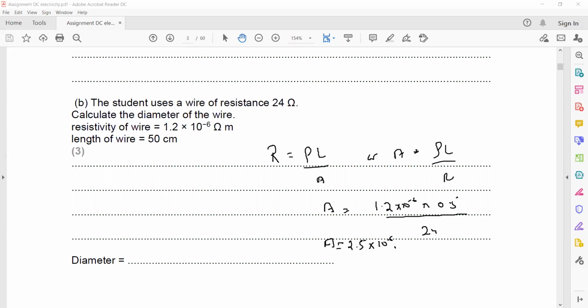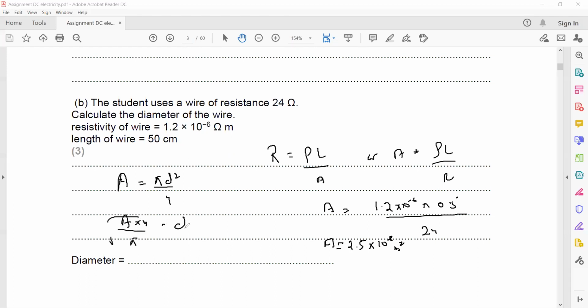Now, after knowing the area, because we need the diameter: the area of cross section of the wire is pi r square or pi d square by 4. You can first find the radius and then the diameter, or use the formula directly. If I need the diameter, it will be the square root of area multiplied by 4 divided by pi.